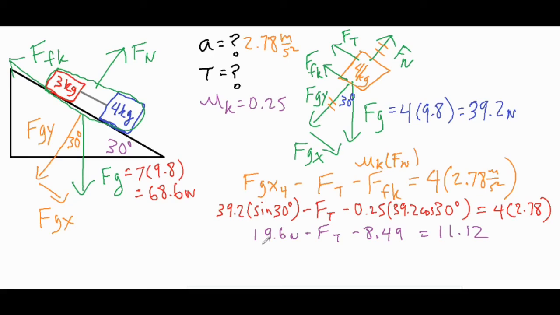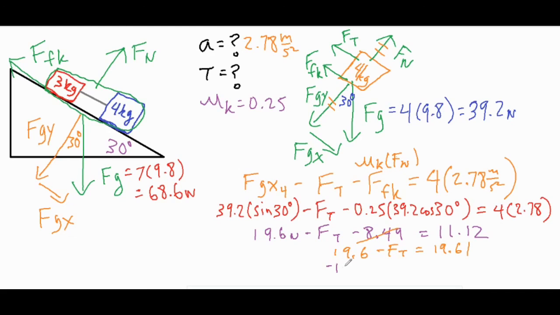Now, when we calculate the numbers, we get 19.6 minus FT minus 8.49 equals 11.12, which are obviously values that are going to be rounded off a bit. If we add 8.49 to each side, we end up with 19.61, and then we have 19.6 minus FT equals 19.61.